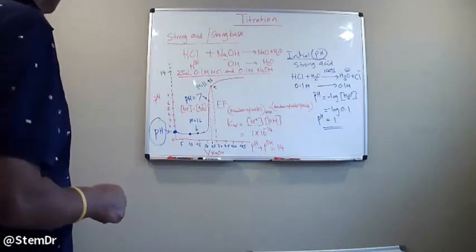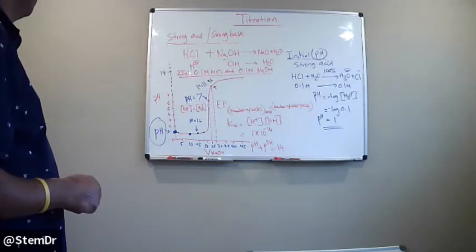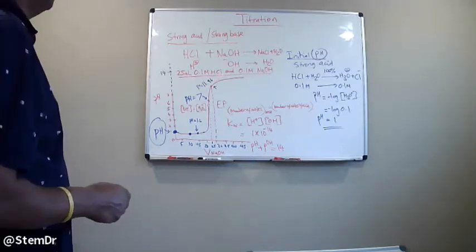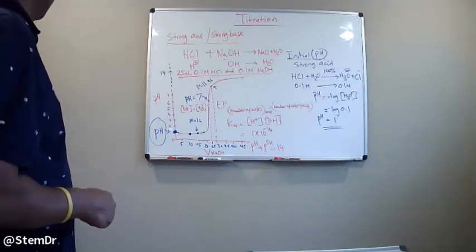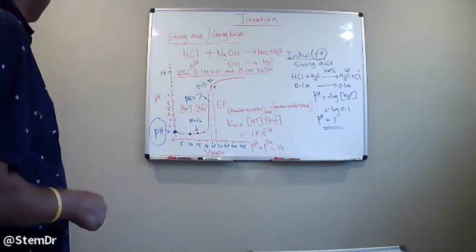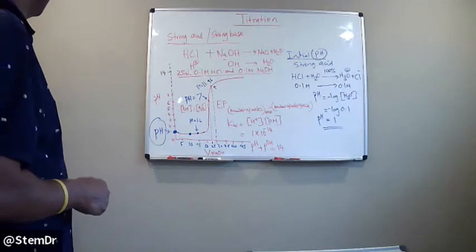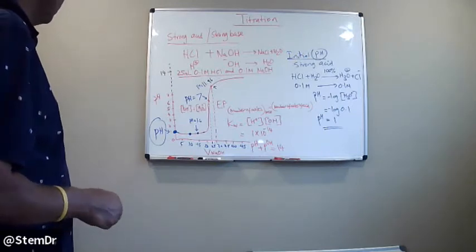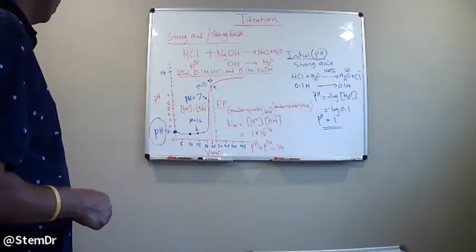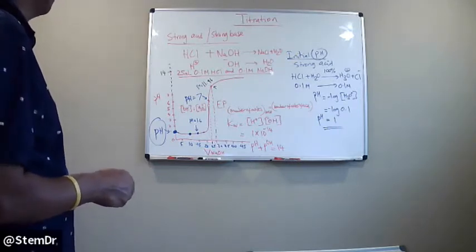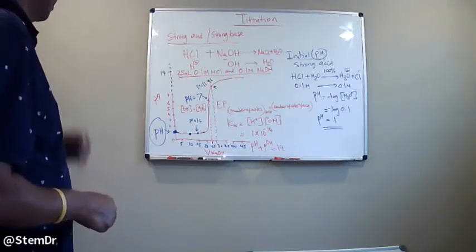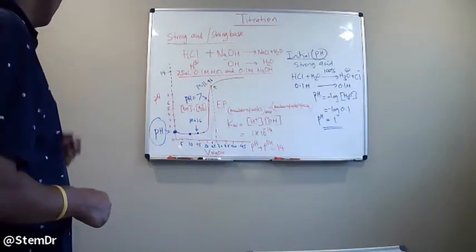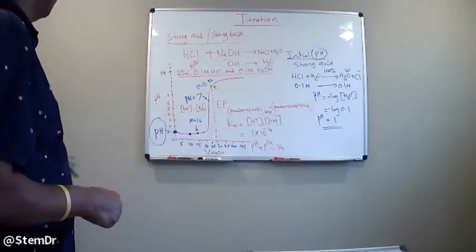So in the titration of 0.1 molar hydrochloric acid, you have a pH axis on the y-axis from 0 to 14, and on the x-axis you have the sequential addition of sodium hydroxide, which is 0.1 molar. Here you see 5, 10, 15 mL added stepwise.